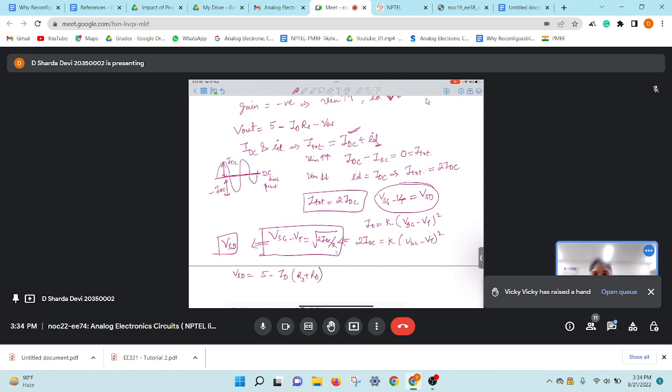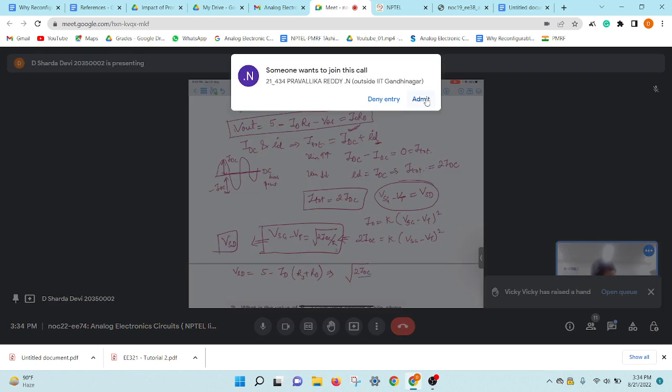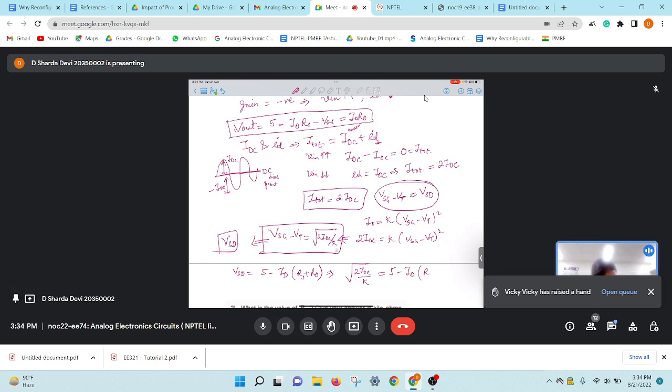How did VSD come like this? See, this expression we have simply modified, nothing else. Now in this expression you know VSD, so you simply substitute this equal to 5 minus ID times RS plus RD.